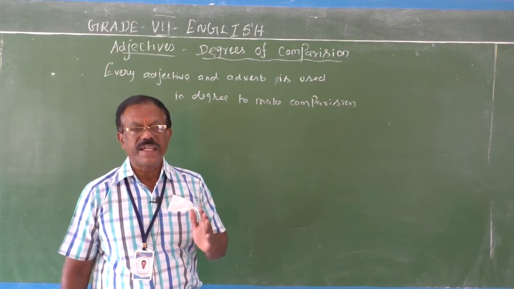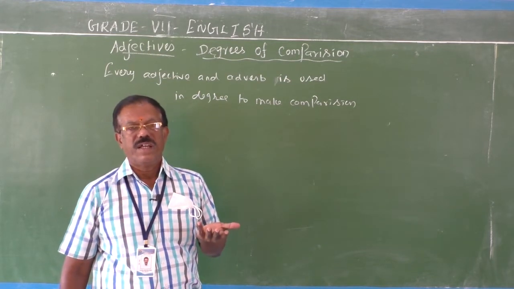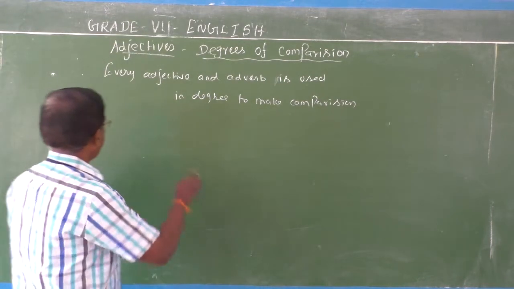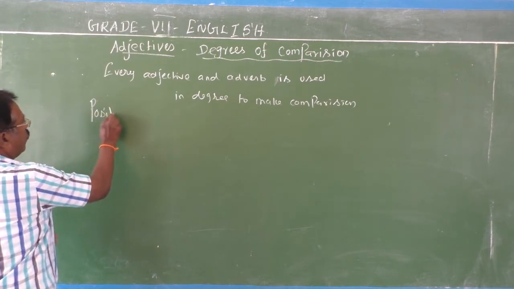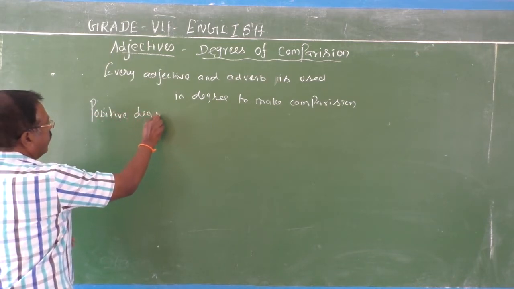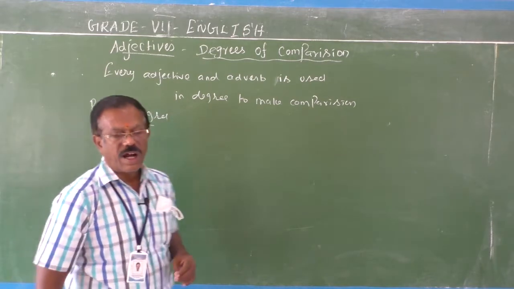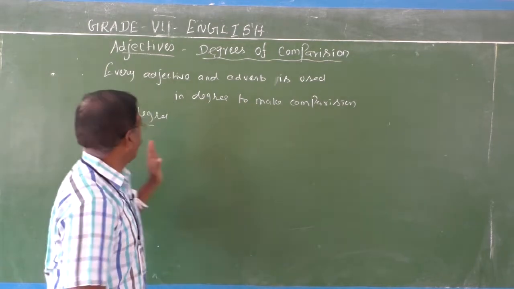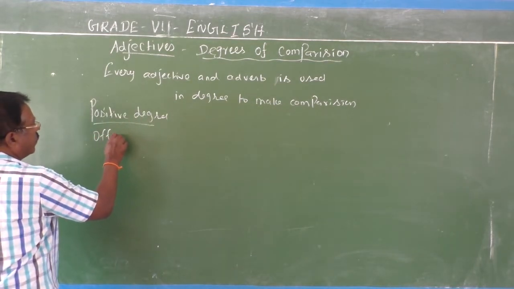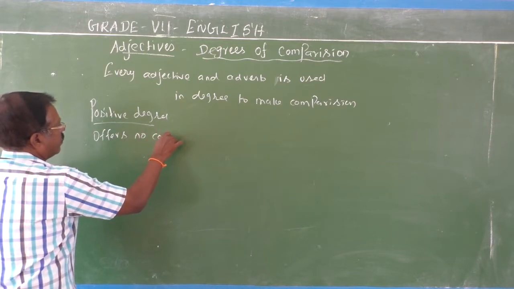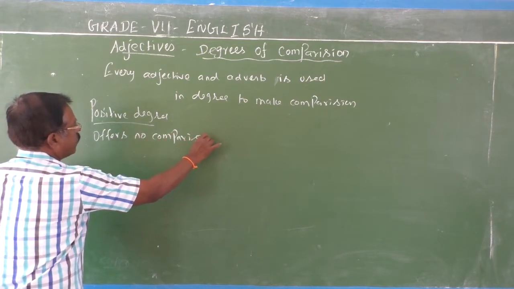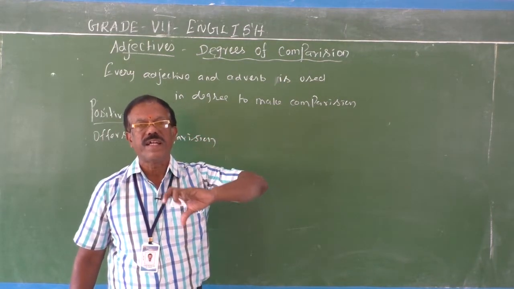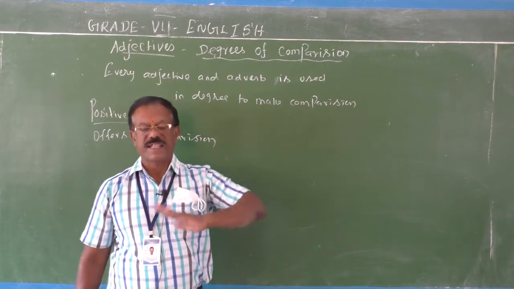So adjectives take any one of these forms when used before a noun in a sentence. To begin with, positive degree. What do you mean by positive degree? This positive degree offers no comparison. It just tells us the quality of the noun that it describes.